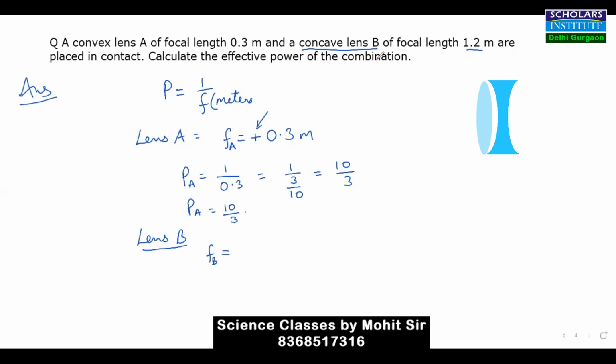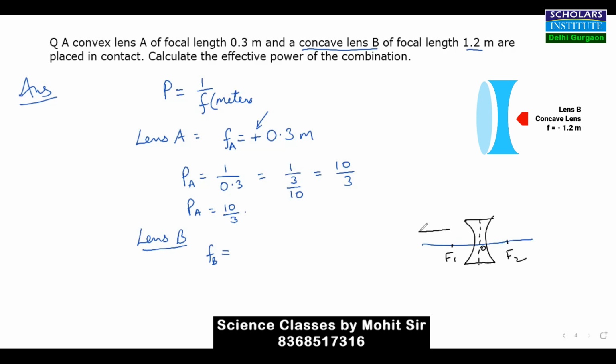For a concave lens, the focal length will be taken as negative. Why? Let me tell you. Let this be a concave lens. Let me draw the optical center here. We have two foci, focus F1 and focus F2.